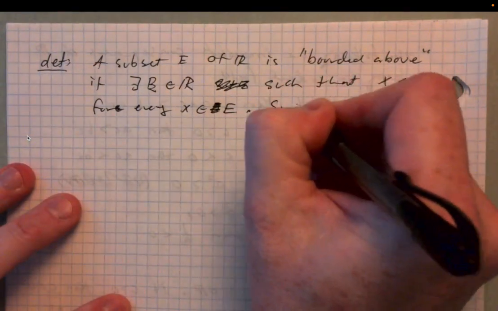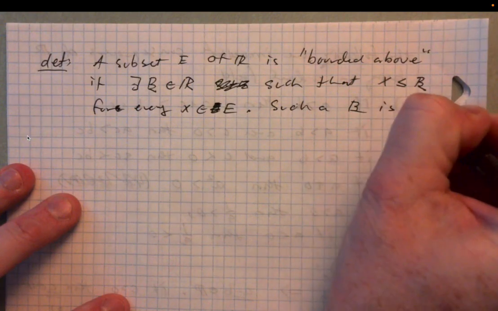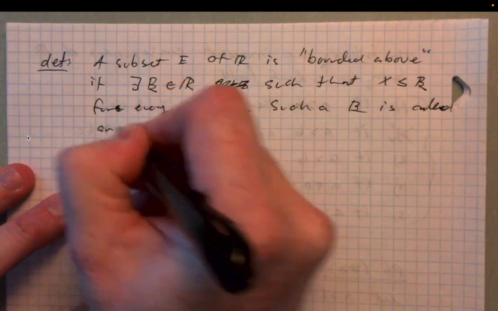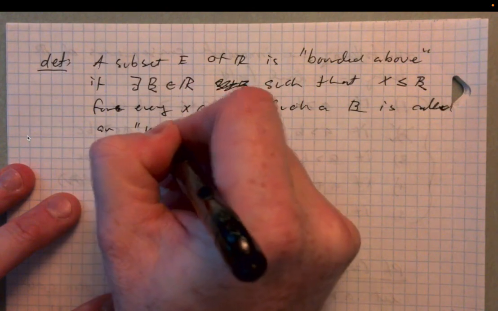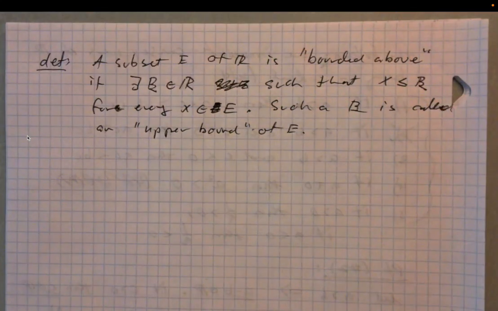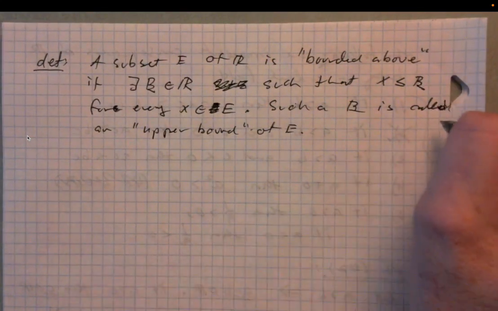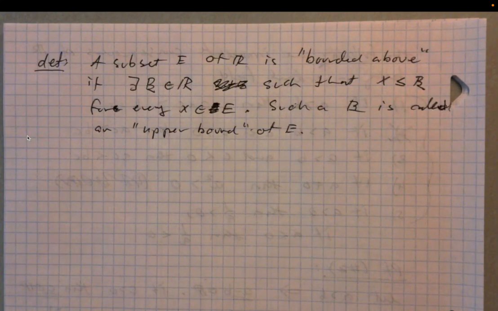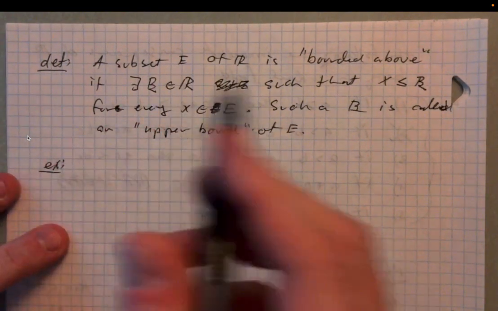And then we would say such a beta is called an upper bound of E. Pardon my bad handwriting. Right? Simple concept. This is a pretty simple concept.